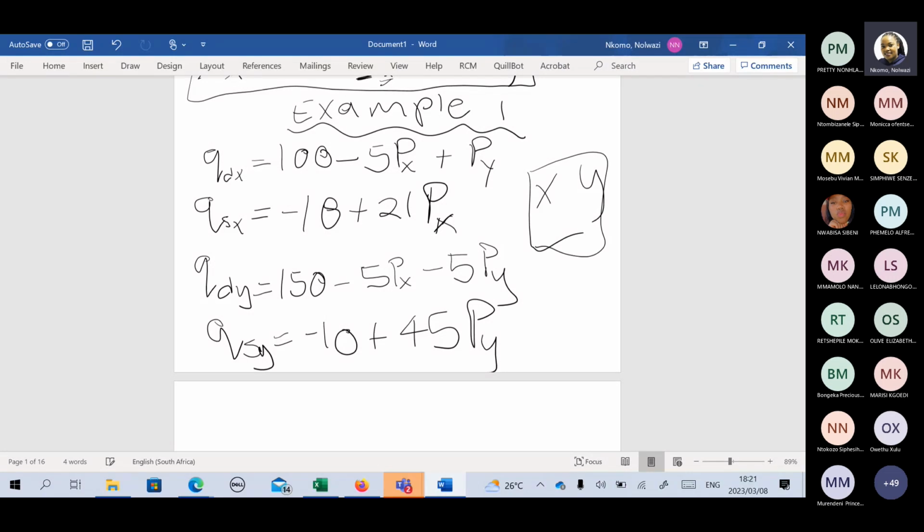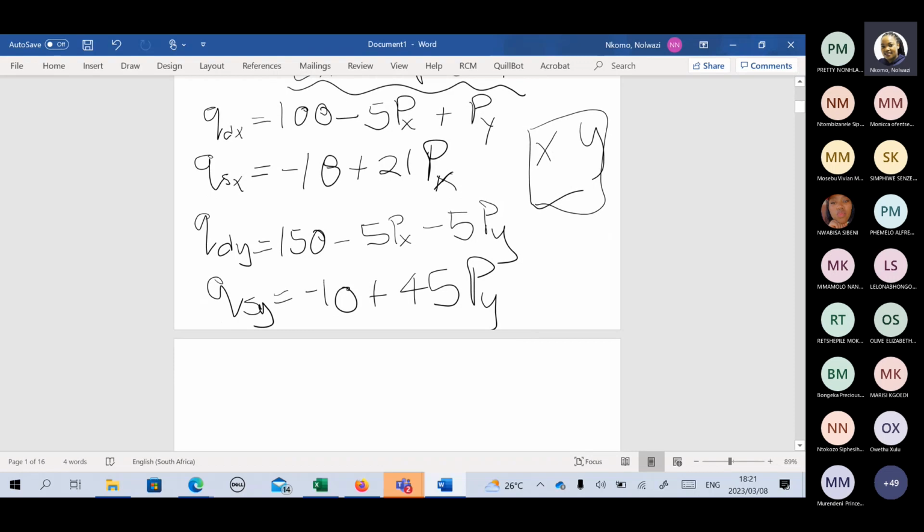Equilibrium prices. Remember, at equilibrium, the quantity demanded is equal to the quantity supplied, right? So that means we can use that, that's where we will start. They said we should find the price and quantity at equilibrium for both of these.